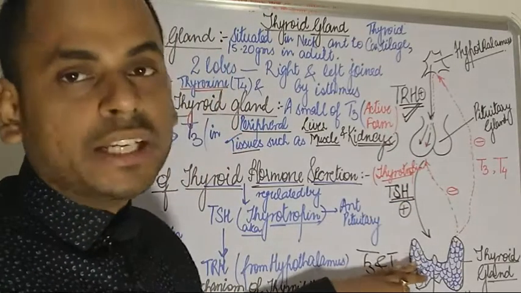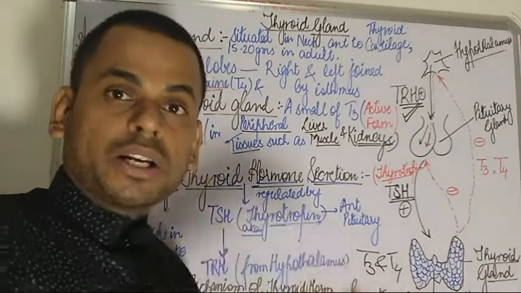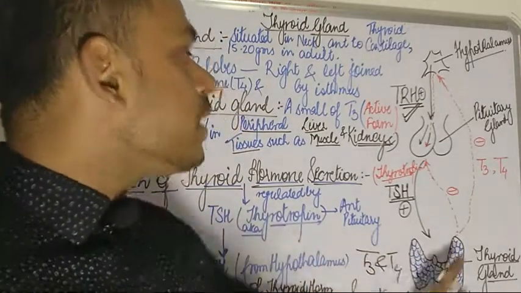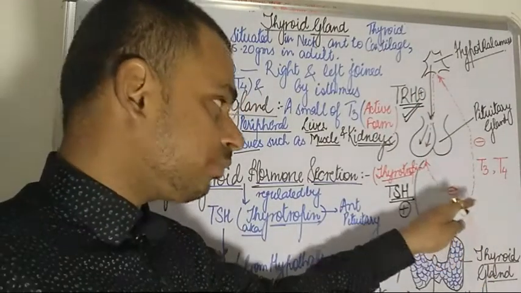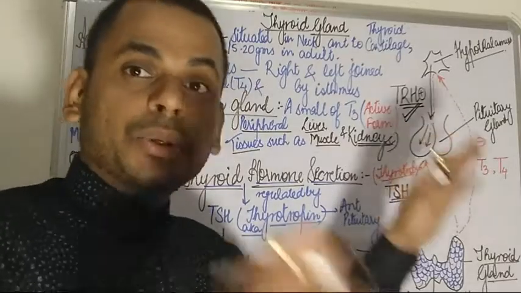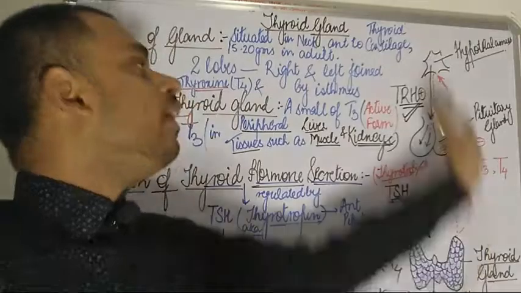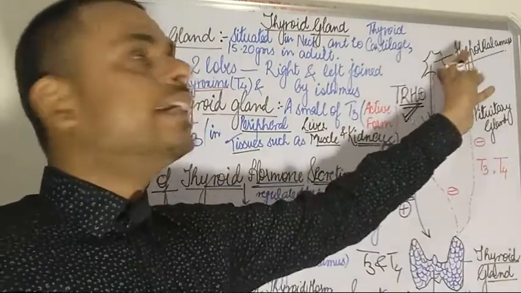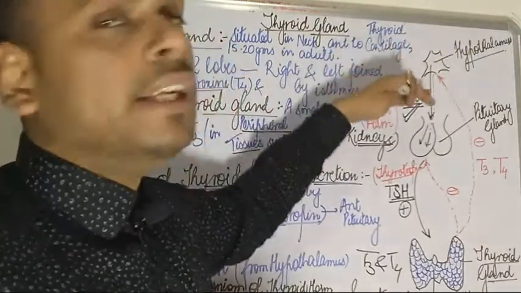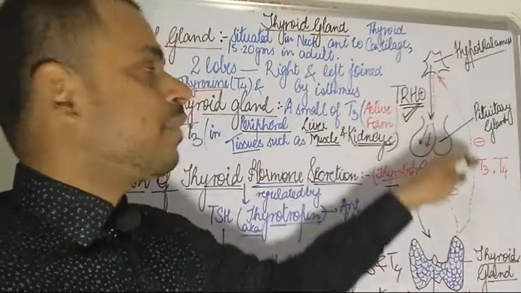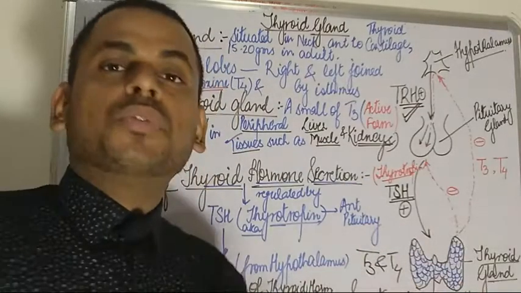Since the levels of T3 and T4 are increased in the blood plasma, this sends a negative feedback to the pituitary gland, so that the thyroid stimulating hormone level falls, and ultimately this in turn sends a signal to the hypothalamus, so that the thyrotropin releasing hormone falls. The same is true vice versa.